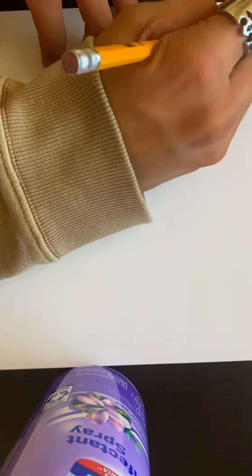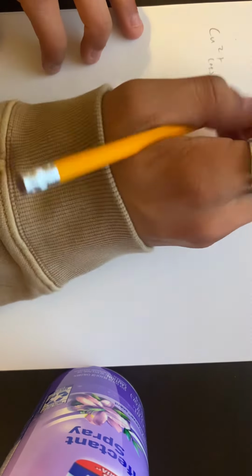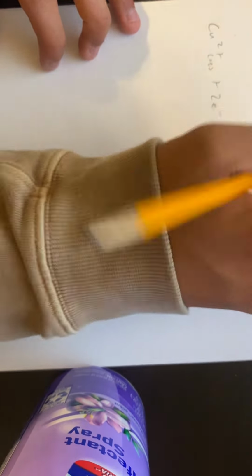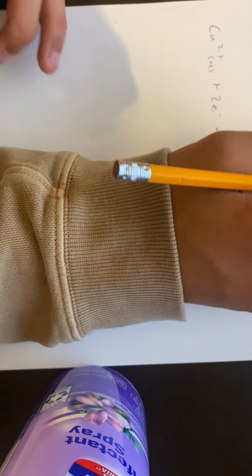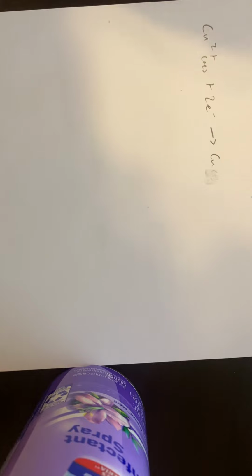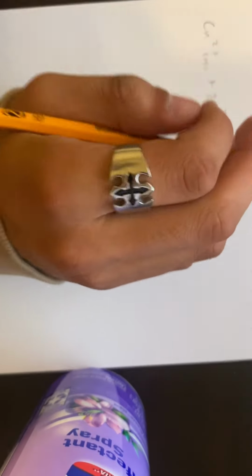As my galvanic cells, I chose Cu2+ aqueous plus 2e minus, which gives us Cu solid, which has 0.34 volts.